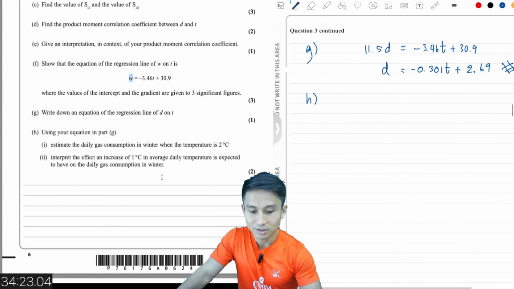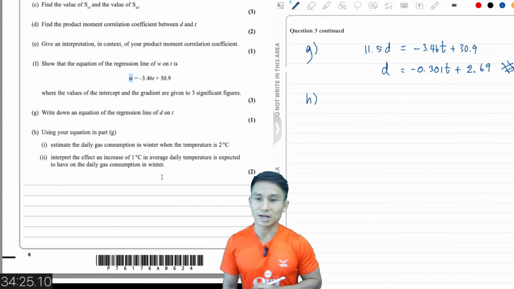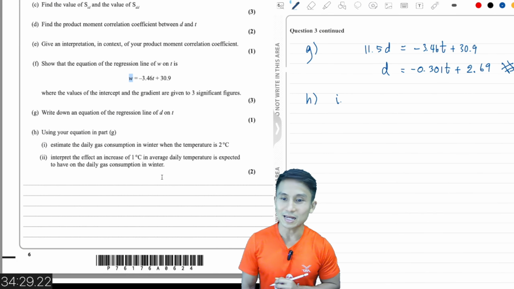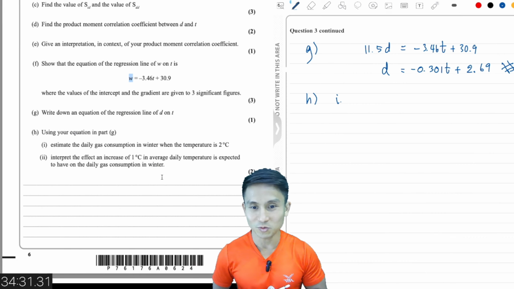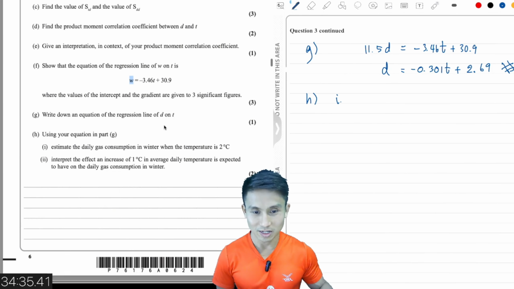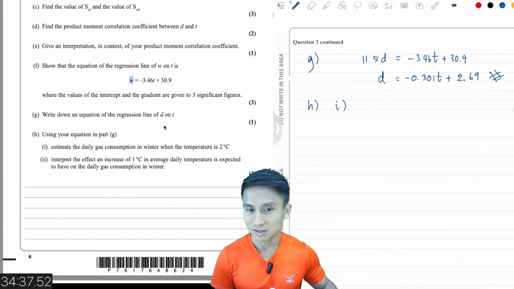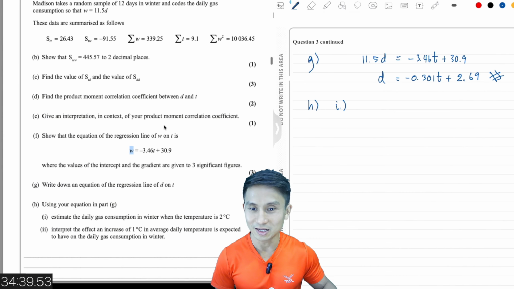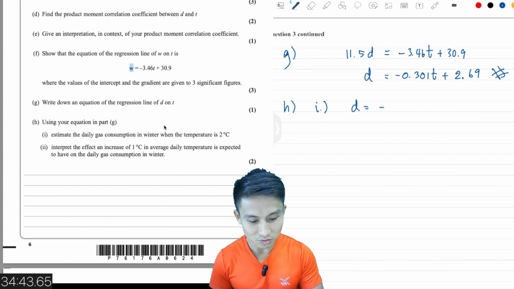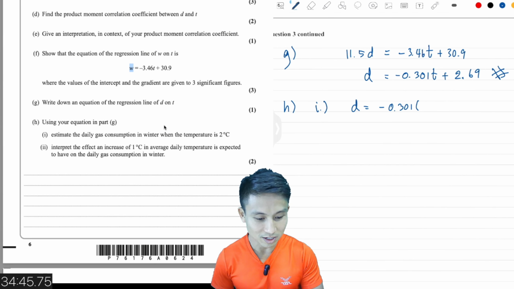In part H, using your equation in part G, part I, estimate the daily gas consumption in winter when the temperature is 2. Okay, so we're just going to plug 2 degrees Celsius in the T, right? It's T in degrees Celsius, yeah. So D equals minus 0.301 times 2 plus 2.69.